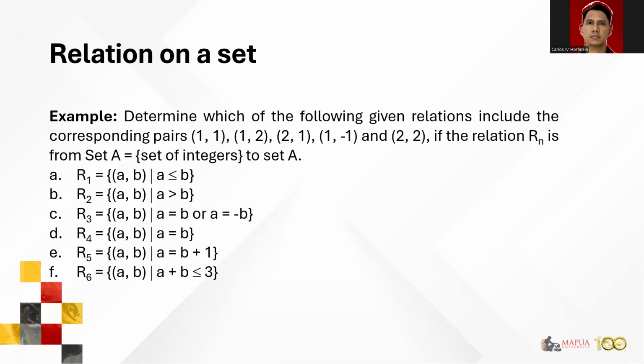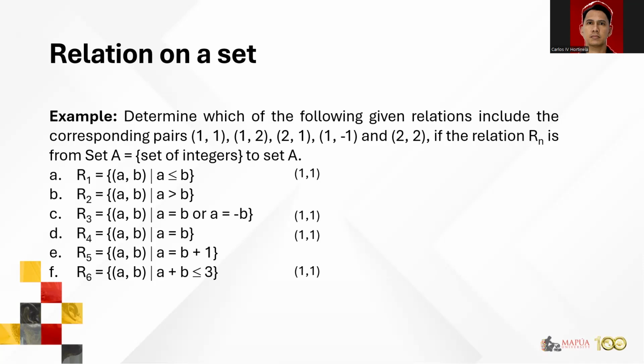The ordered pair 1, 1 can only be included in relations R1, R3, R4, and R6. Relation R2 doesn't contain the ordered pair 1, 1. Relation R5 doesn't include the ordered pair 1, comma 1. Okay? Because their properties do not allow that ordered pair in your relation set.